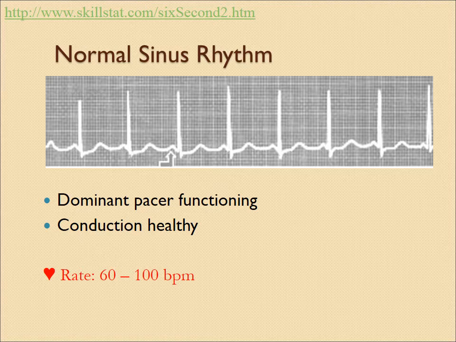If I was to count this one out, it looks like it is about 3 to 4 small squares, so that's less than 0.20, so that's good. And my QRS looks like it's maybe 2 small squares, that's about a 0.08, so that's within normal. So everything's normal here. So the salient feature of this is it's normal, and the rate is between 60 and 100, so that is how I would diagnose normal sinus rhythm.